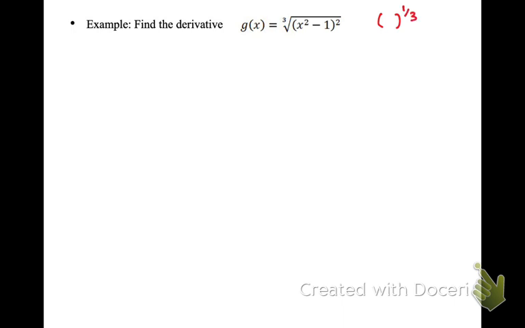And my inside is x squared minus 1. So out, in. Do we have a function and a function? We have 3 of them? We do.